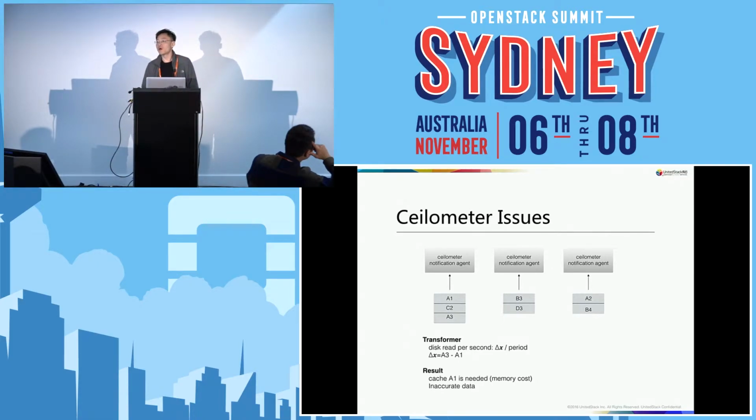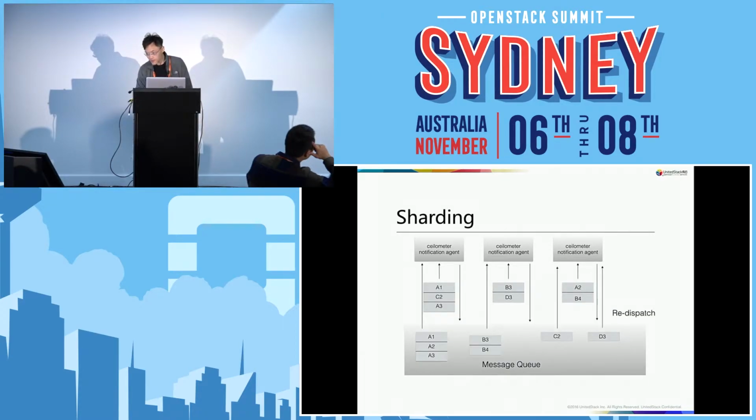So for the same metric, it caches the data across all notification engines. This is the reason why the Ceilometer notification engine costs so much memory.